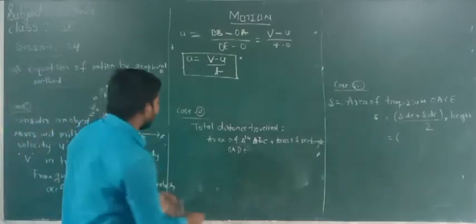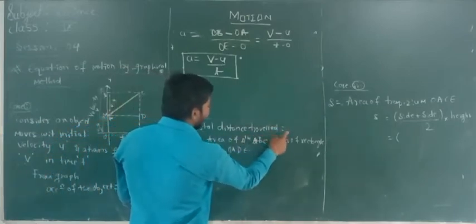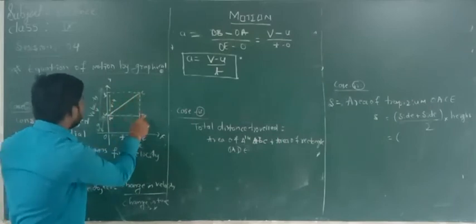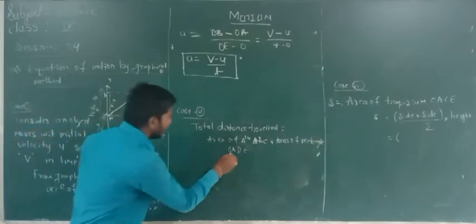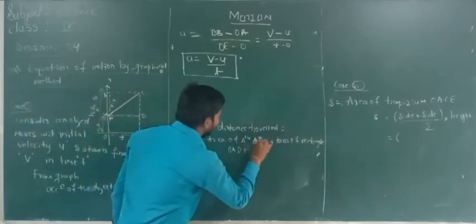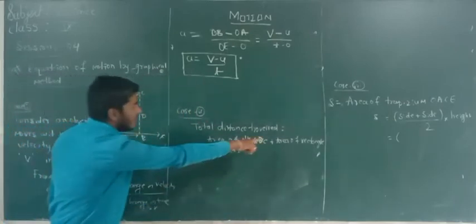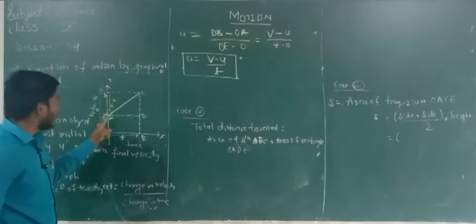OADE. That is, the total distance travelled by the object is equal to the area of triangle ADC and the area of rectangle OADE.